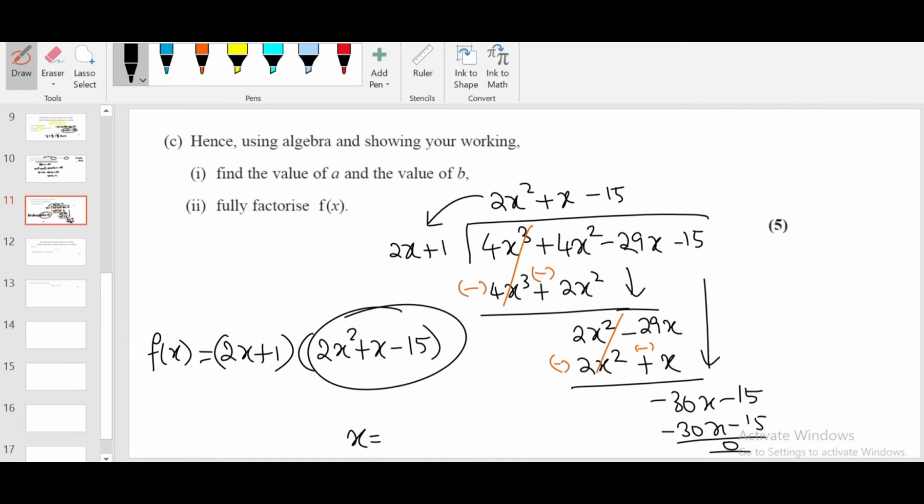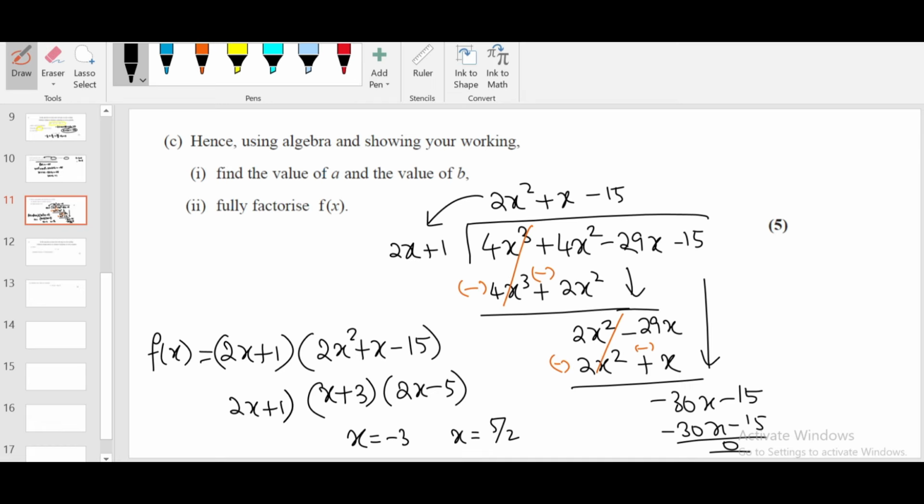X is minus 3, x is 5 over 2. So you can write two factors as x plus 3 and 2x minus 5. Here you have 2x plus 1. That's f of x.